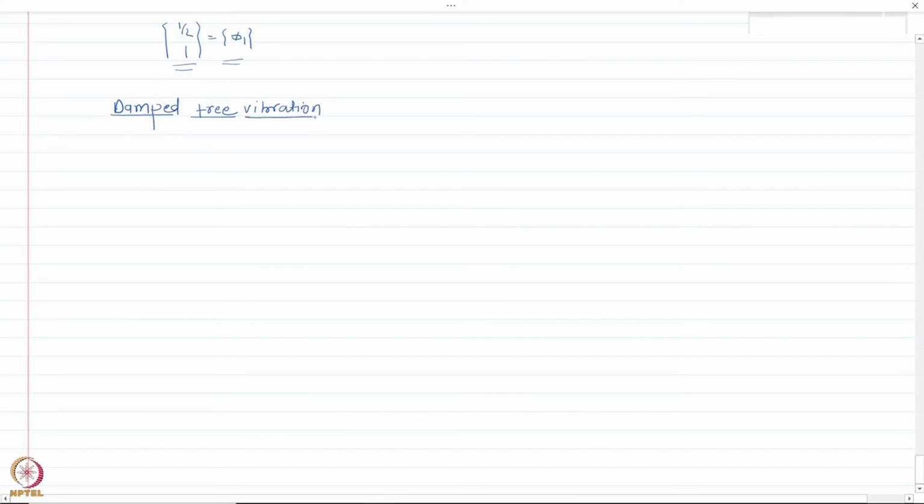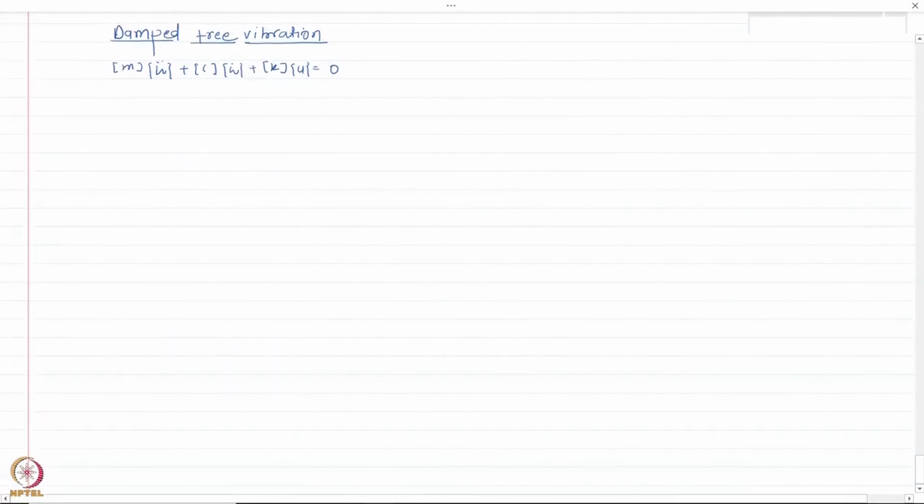For the damped free vibration, we will now have an additional damping term with the damping matrix C, and this is equal to 0. In this case, I have this damping matrix.